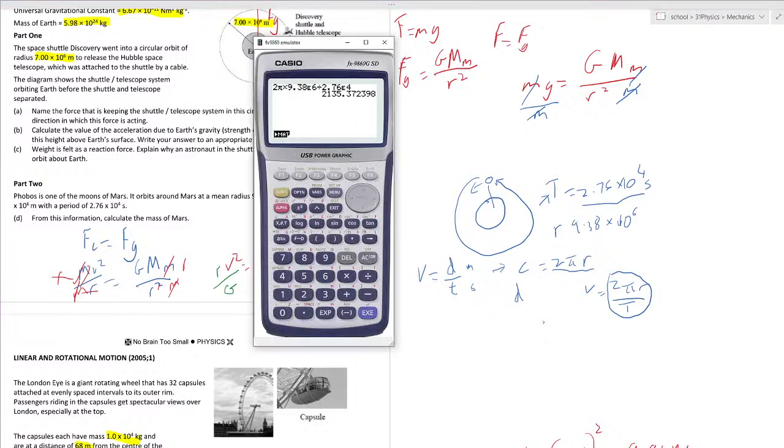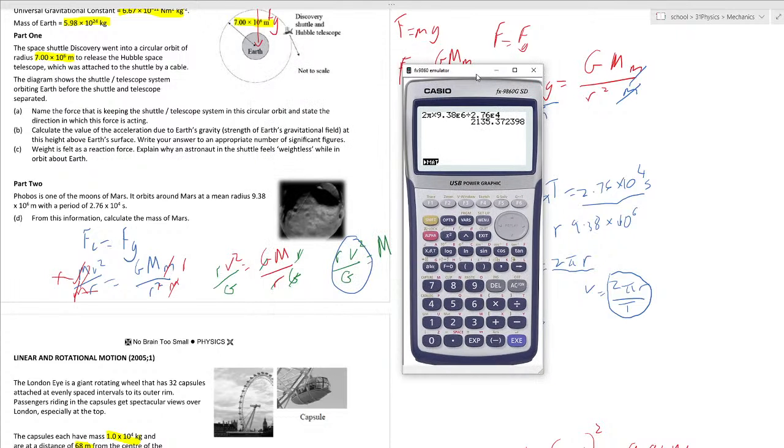And we've got an answer of 2135.37 meters per second. We need to put that into our v squared over g equation, so I'm going to square that.